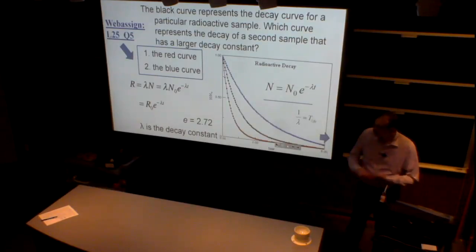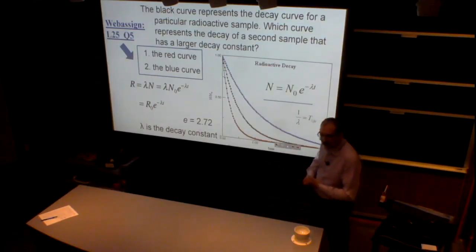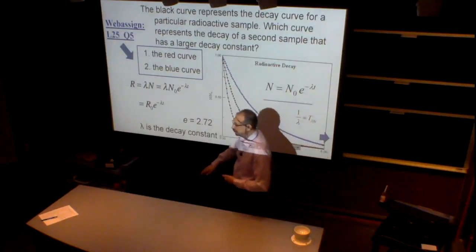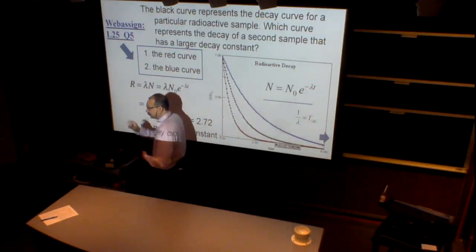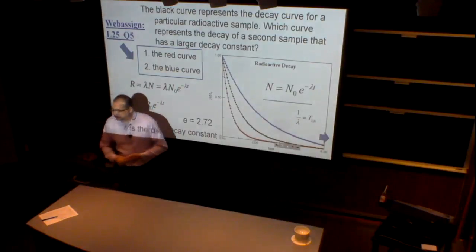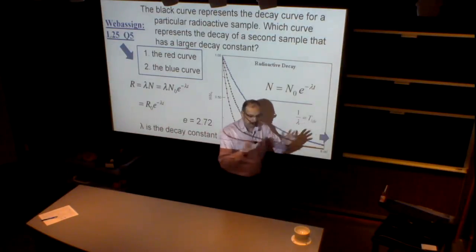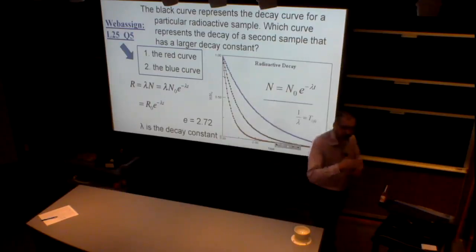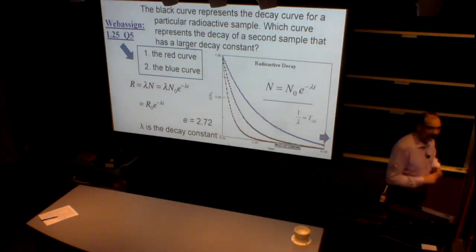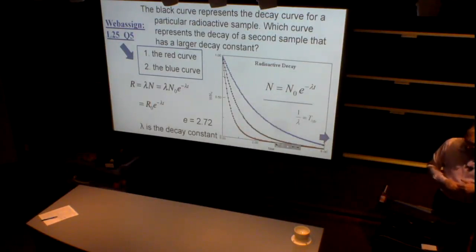Less time. A large decay constant means a faster decrease. A small decay constant means this is a large period. It takes longer to drop to 1/3 of the initial.